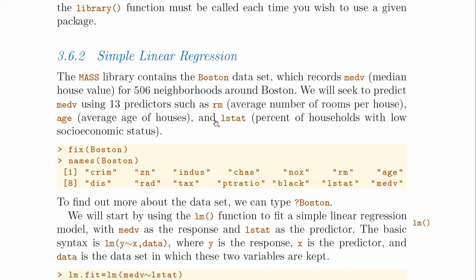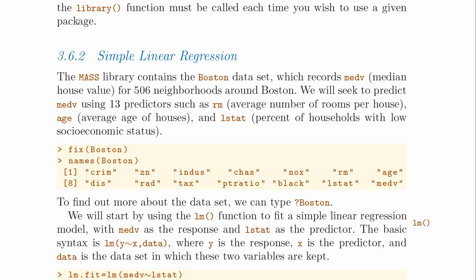We're starting from simple linear regression, as we would expect. The MASS library contains the Boston dataset, which records the median house value for 506 neighborhoods around Boston.